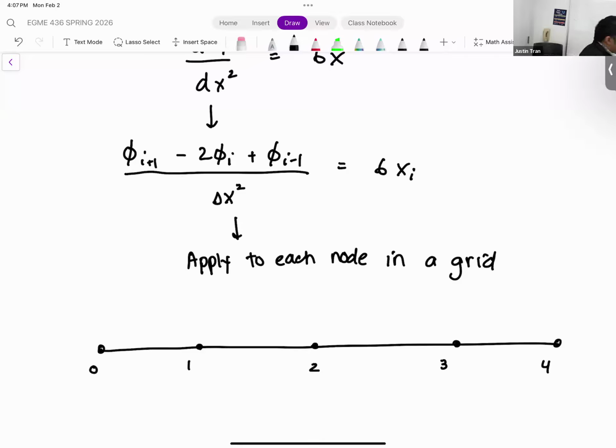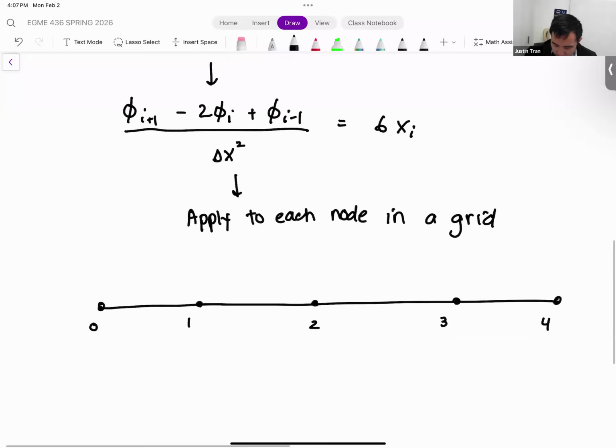I chose 5 nodes just because that's the easiest to do as a classroom example. But on your homework, you're going to do the same thing for different numbers of grid nodes, and then compare the results. By applying this finite difference equation to each of these nodes, the idea is to get an algebraic equation for each node.